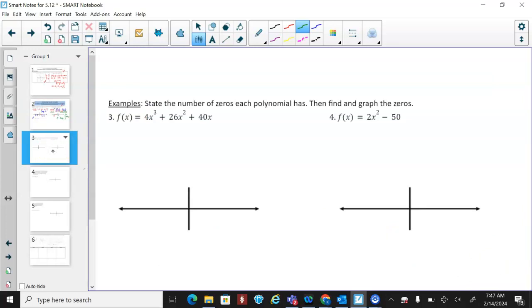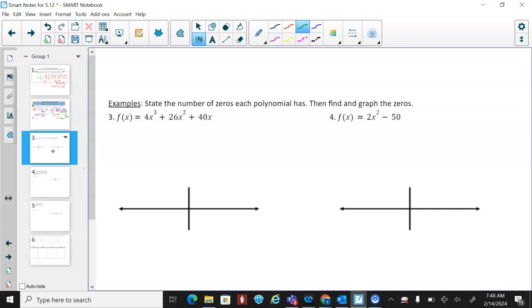All right, next example. So this is a cubic function. So what we can do is try to take some stuff out, do a greatest common factor, and get it to a point where we can set those factors equal to 0. We are always trying to get it down to factors.